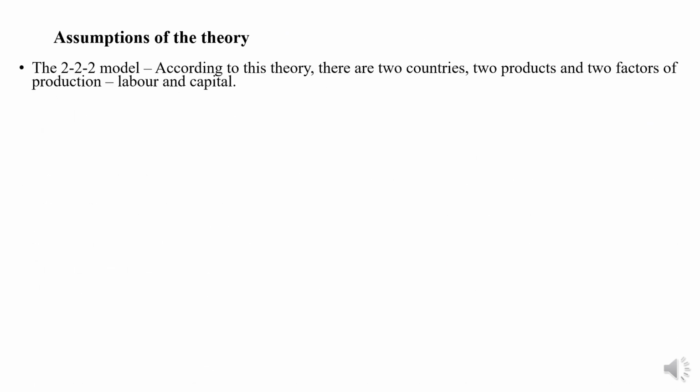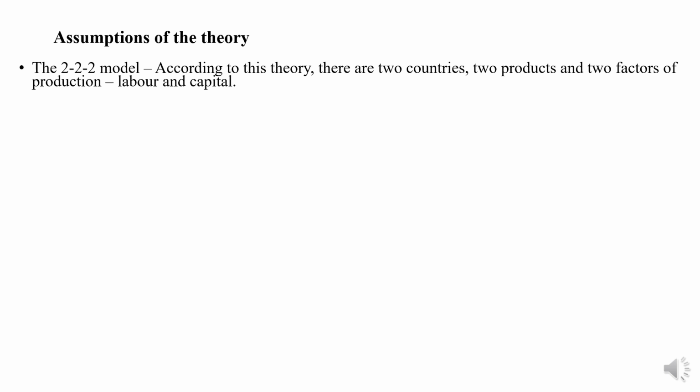Now we will discuss the assumptions of this theory. So the 2-2-2 model. According to this theory, there are two countries, two products and two factors of production, which are labor and capital.